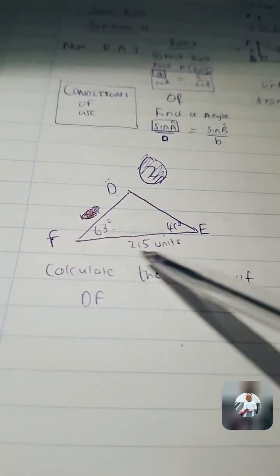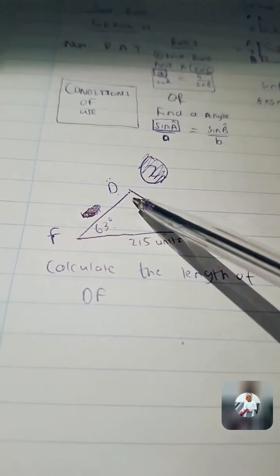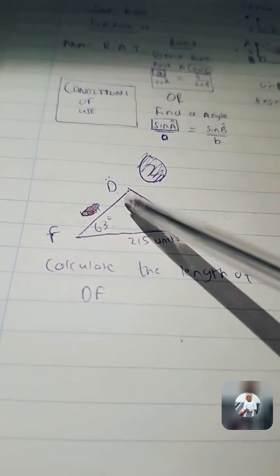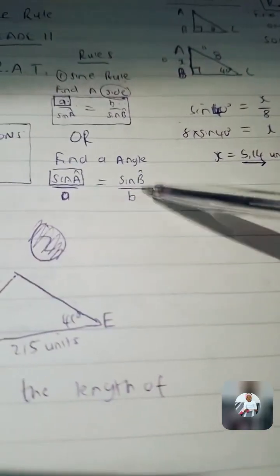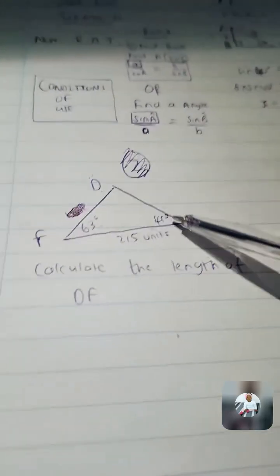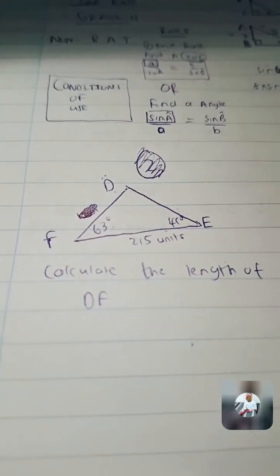So we have 2,5 units, but hey, we don't have an angle here. If we had this angle, this would set up our second fraction. Can't we find the angle using the sum of angles in a triangle?